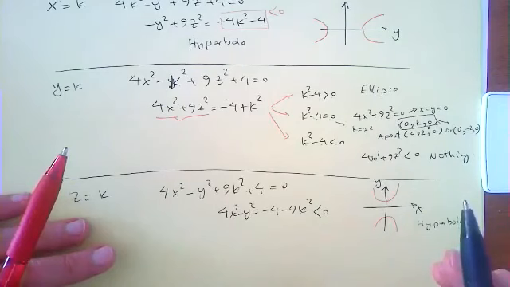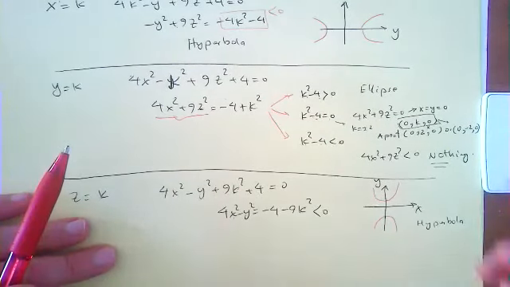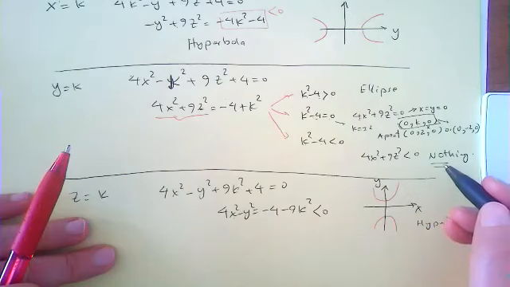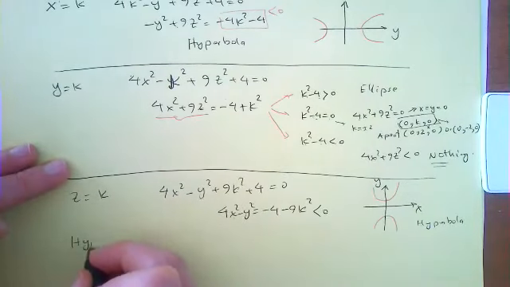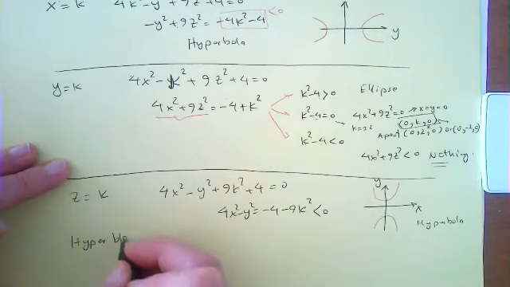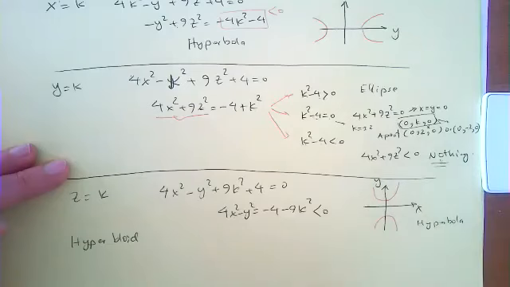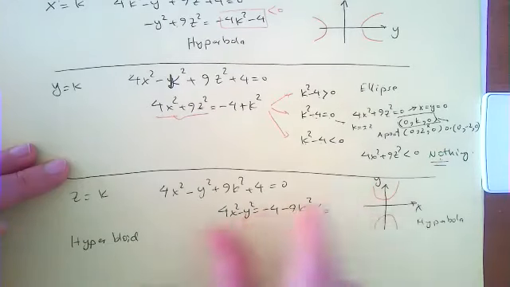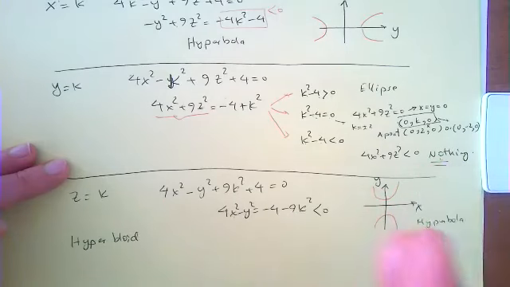But it's not a cone because I have a nothing in here. So I kind of know it's a hyperboloid. And it's not a cone because there's nothing in here, but when I have a stretch of one variable where the cross section gives me nothing, that's a hyperboloid of 2 sheets.